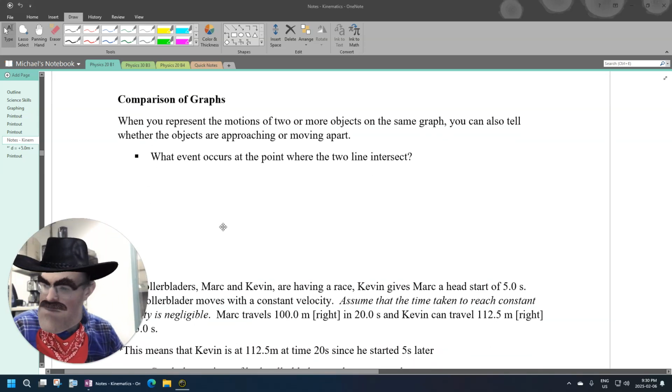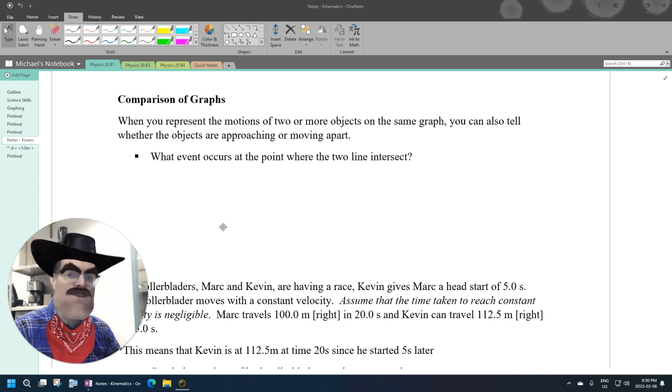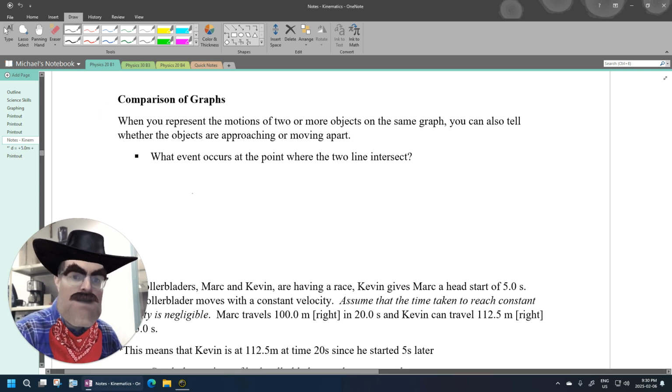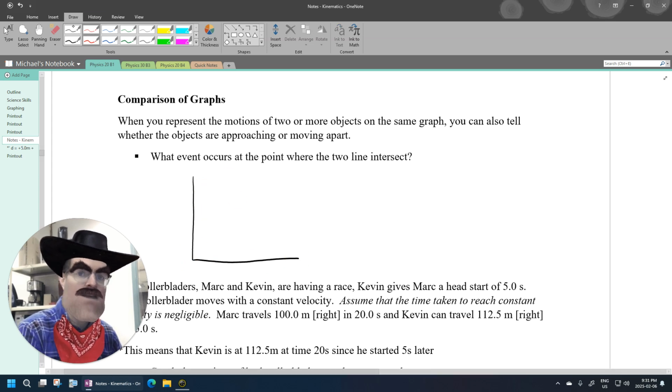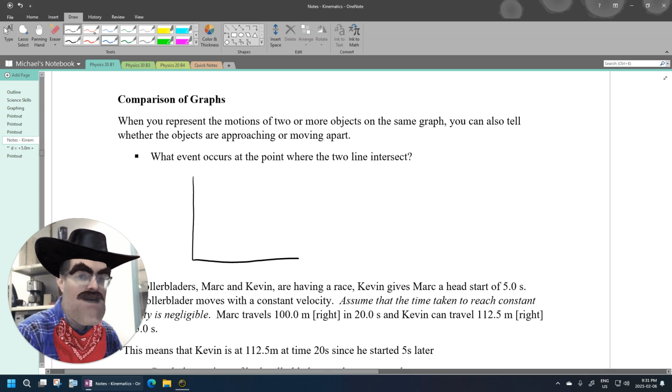What I mean by that is, say I have two people. I'm going to call one red and one blue here. I should just represent it this way before I draw the graph. Here's my red person, running around, looking all happy.